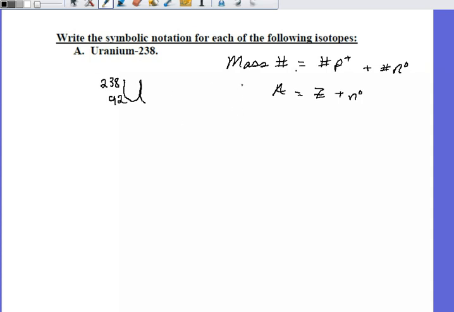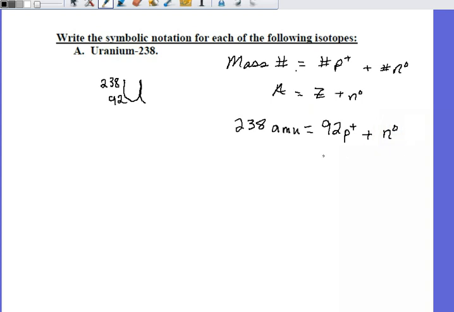You also could say, if the mass number is 238, and one of the units we use to measure that is atomic mass units, well, that's going to be equal to the number of protons, which is always 92. So 92 protons. Each proton is basically one atomic mass unit, and so is a neutron.